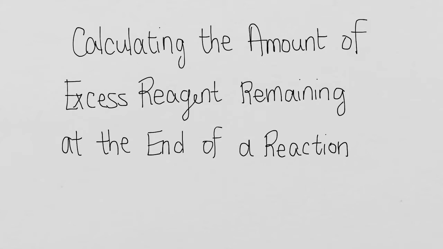We're going to focus on the excess reagents here, specifically the amount of excess reagent that is left at the end of a reaction. So we're talking about the end of a reaction, assuming, because we have already talked about yield a little bit, that we have 100% yield. These questions really don't have to do anything with yield yet. We're just assuming that we have 100% yield.